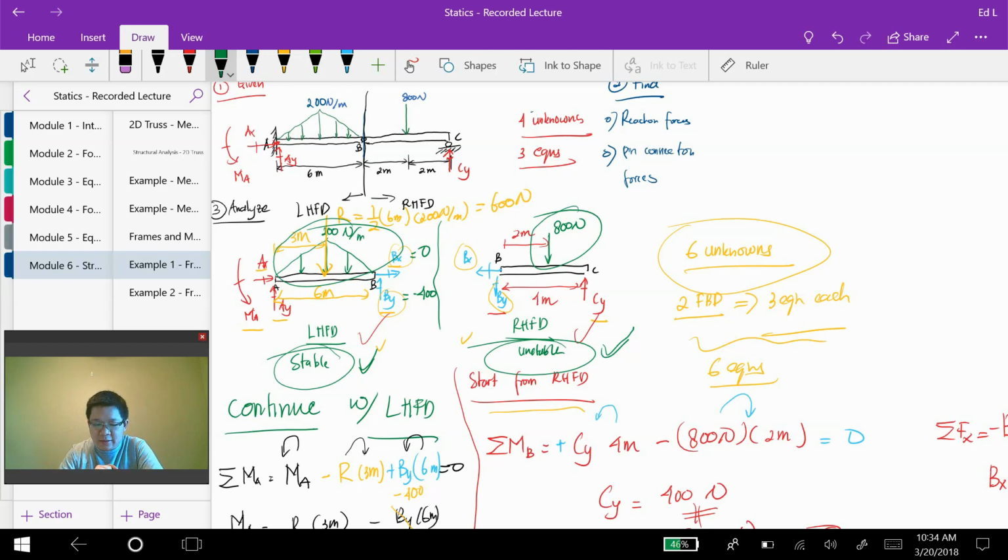I repeat again: all of the forces applied on the unstable part will be distributed to the stable part, as shown here, through the pin connection forces Bx and By. However, the applied forces on the span AB, which is the stable part, will not be transferred to the unstable part of the composite structure.